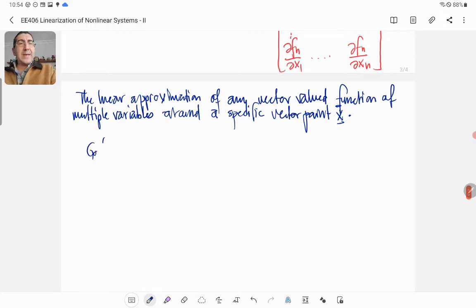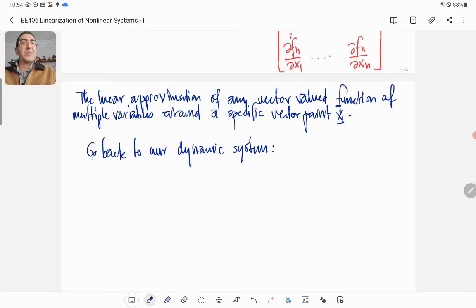Let us go back to our dynamic system. Now there is a further interesting point with our dynamic system, which is that the chosen point usually is not arbitrary. That chosen point in our dynamic system is usually the equilibrium point.